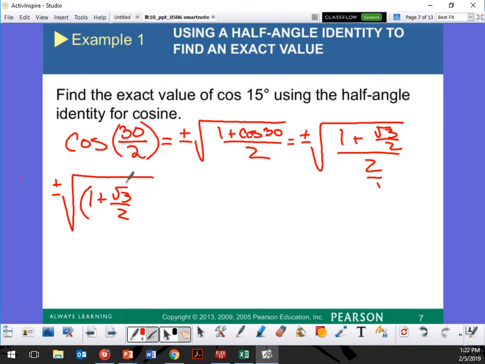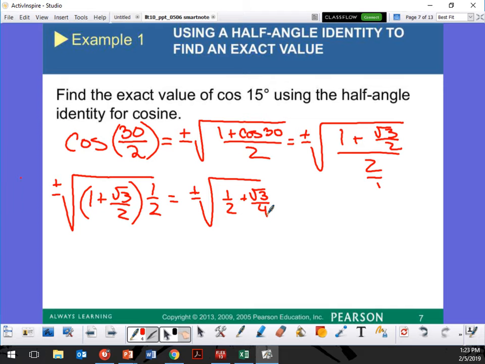So I'm going to multiply this top piece by 1 over 2, right? Okay, so 1 over 2, and then let's distribute. 1 times 1/2, plus rad 3 over 4. From there, I have to have common denominators on both of them, don't I?